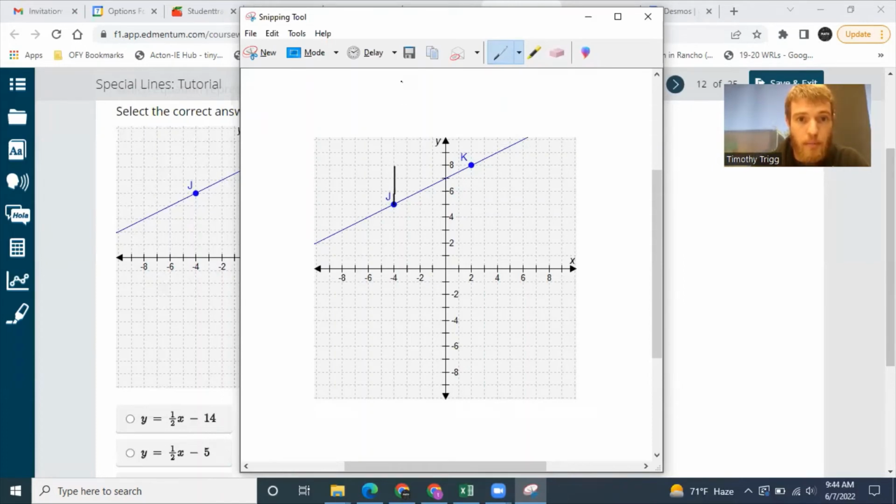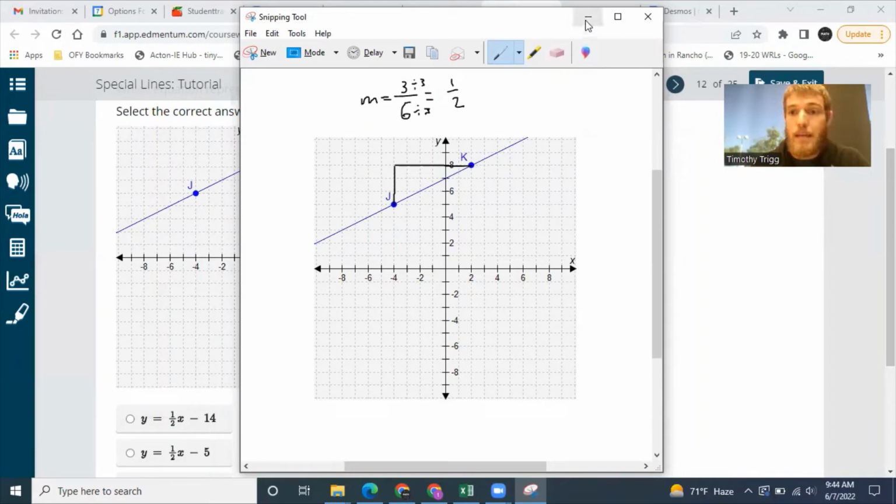So rise 3, run 1, 2, 3, 4, 5, 6. I can simplify this fraction: 3 over 6 reduces down to 1/2, dividing both by 3. So our slope is 1/2.